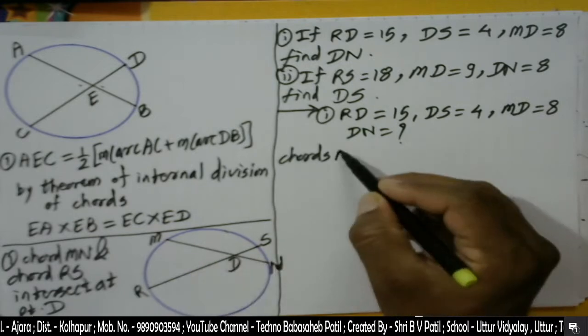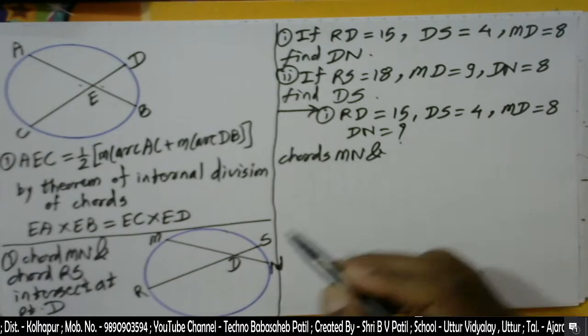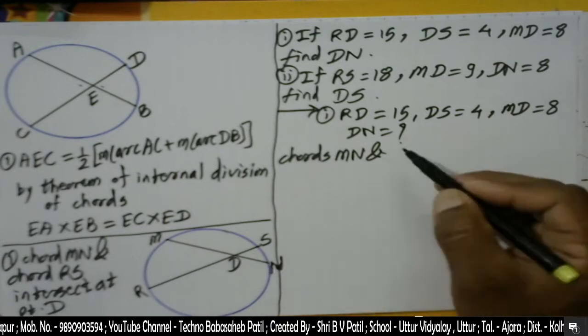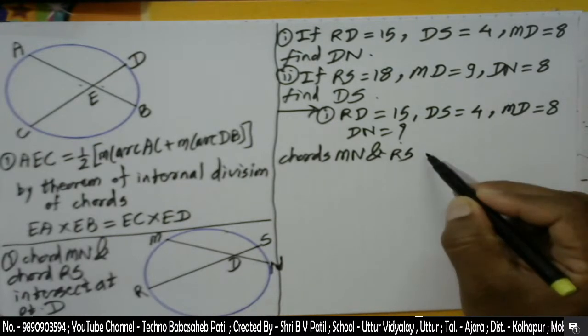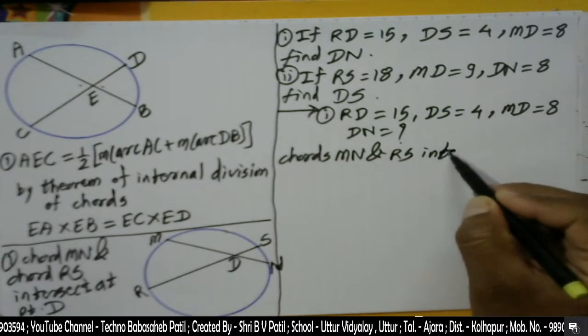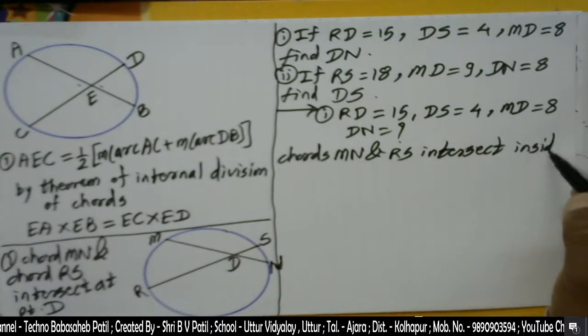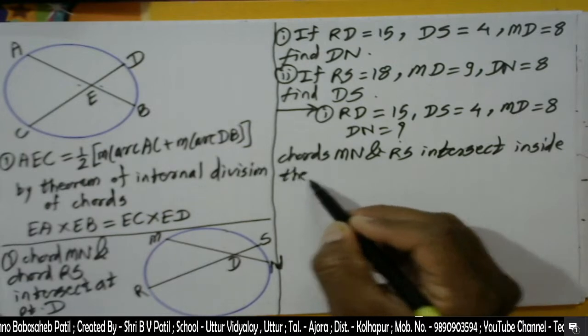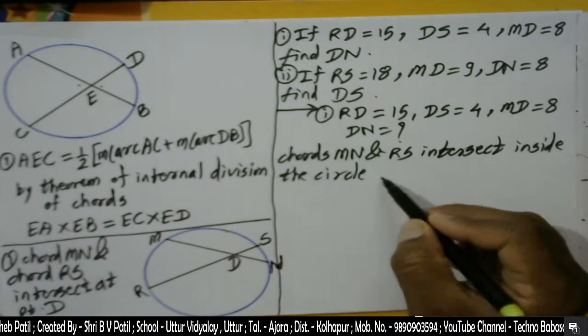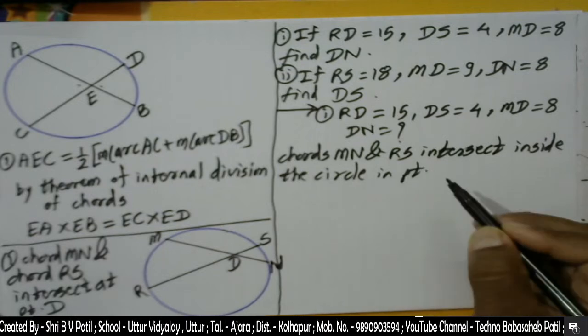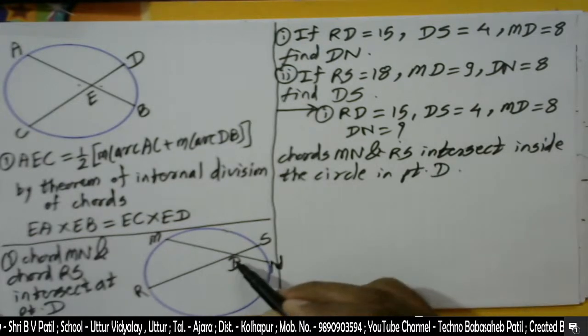Chord MN and another chord RS intersect inside the circle at point D.